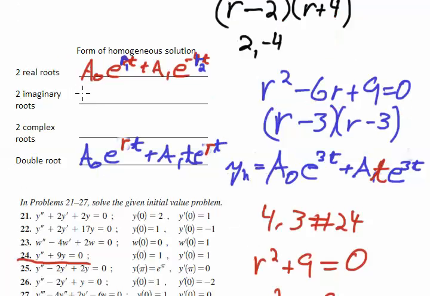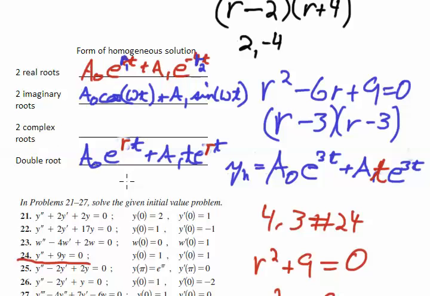In any case, this is the 2 imaginary roots case, so we could use a sub naught still cosine, let's call it omega t, plus a sub 1 sine omega t. So that would be the form in the 2 imaginary roots case.